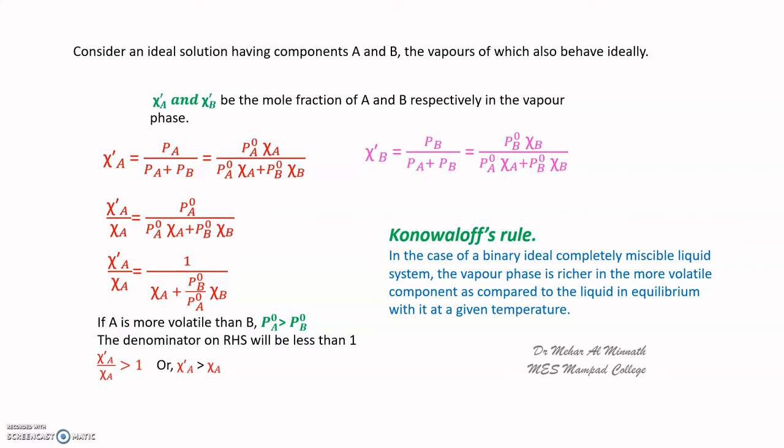Okay, that means the volatile component will be more in the vapor phase. So the vapor phase will have more of the volatile component, and the liquid phase will be having less of the volatile component when they reach the equilibrium.